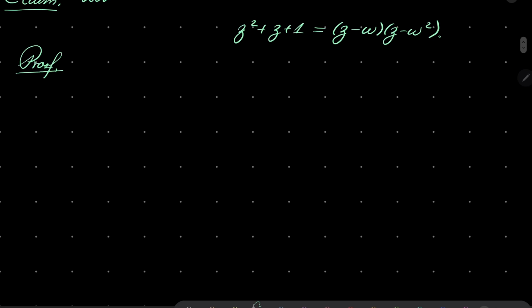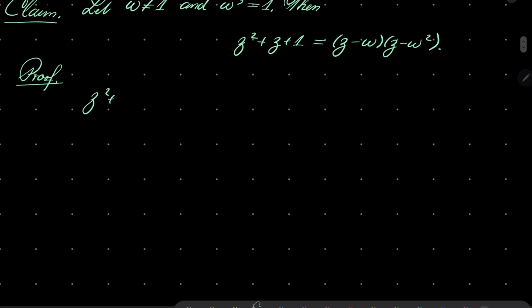Proof of this claim: notice that z squared plus z plus 1 can of course be written as (z cubed minus 1) over (z minus 1), provided that z is not equal to 1.